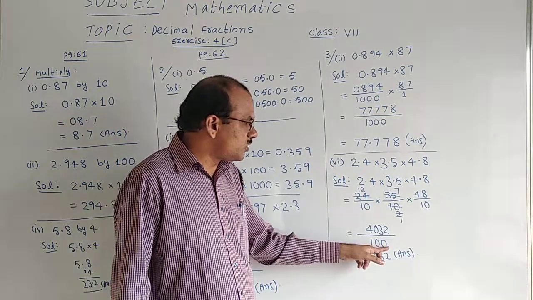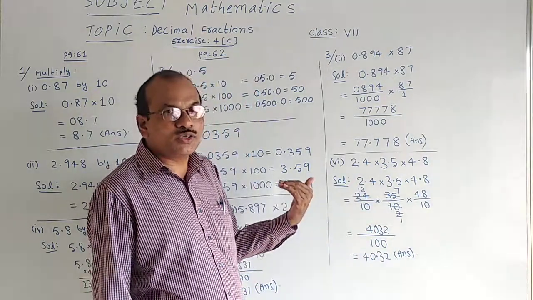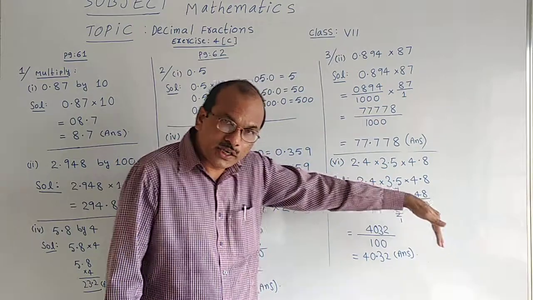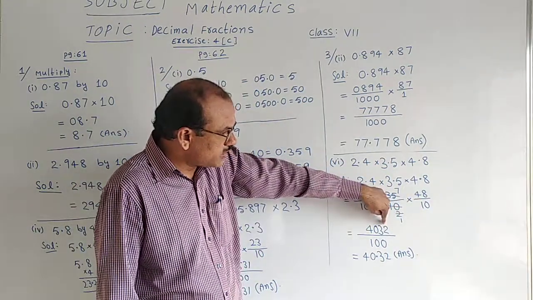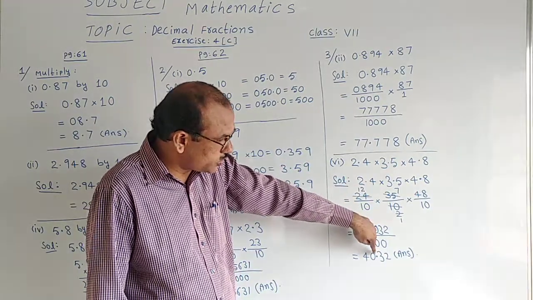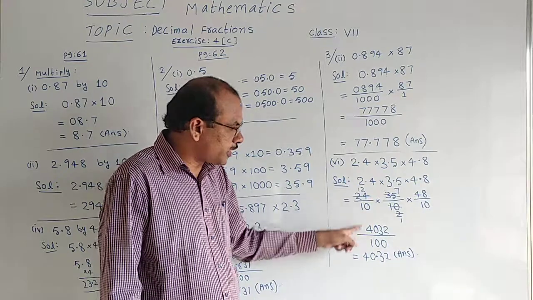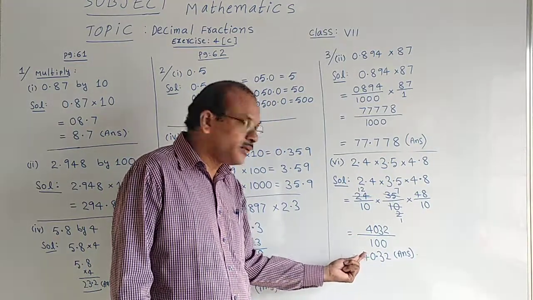Here 2 zeros, so the point can be arranged after 2 digits. Counting should be started from right side to the left. Then the first digit is 2, second digit is 3. After the 3 I have to arrange a point. Then the other part I have written as it is. After 2 digits I have placed a point.